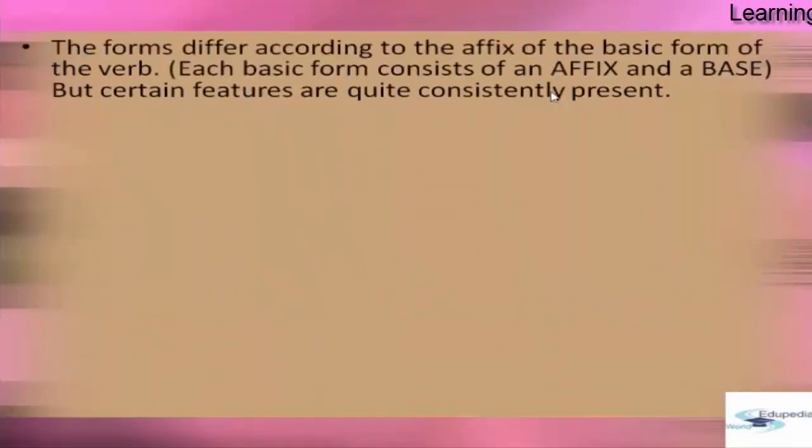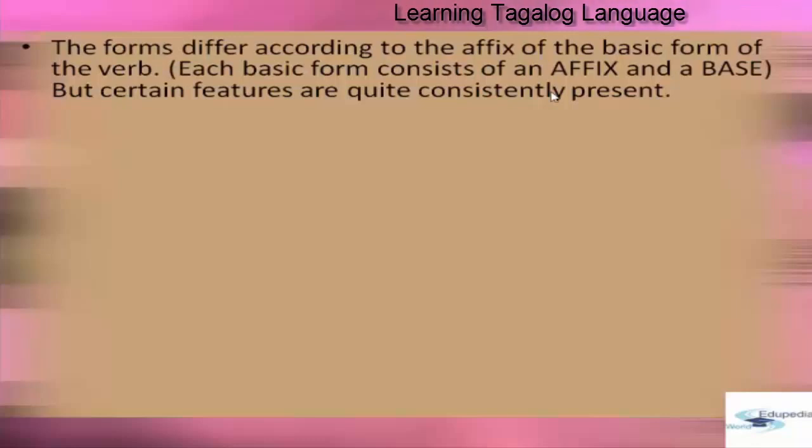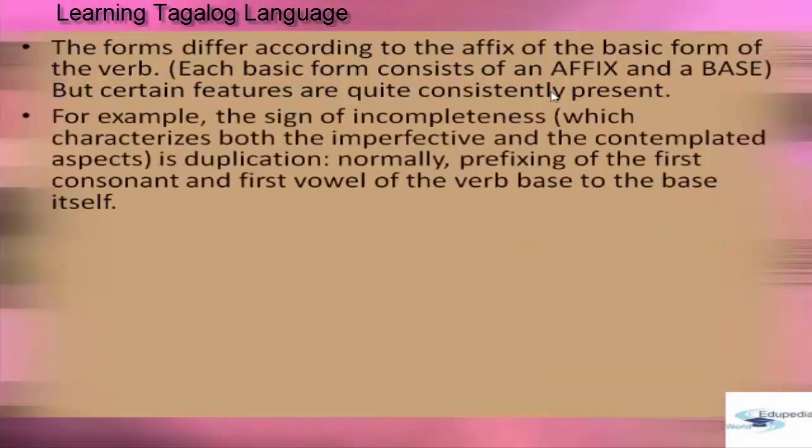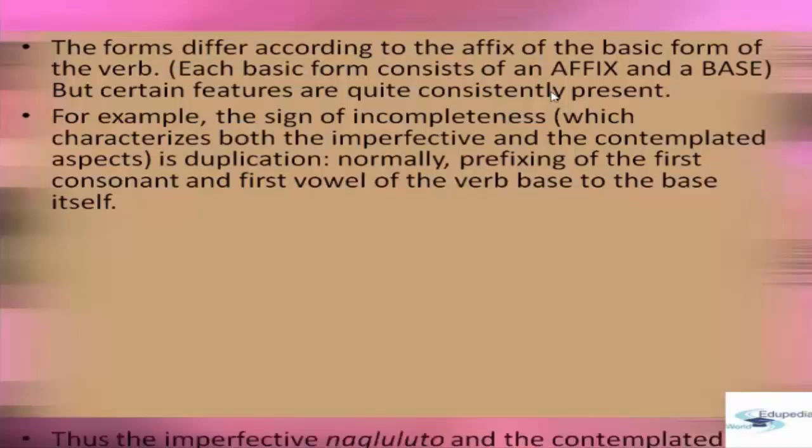The forms differ according to the affix of the basic form of the verb. Each basic form consists of an affix and a base, but certain features are quite consistently present. For example, the sign of incompleteness, which characterizes both the imperfective and the contemplated aspects, is duplication, normally prefixing the first consonant and first vowel of the verb base to the base itself.